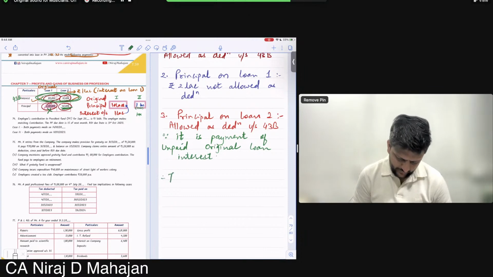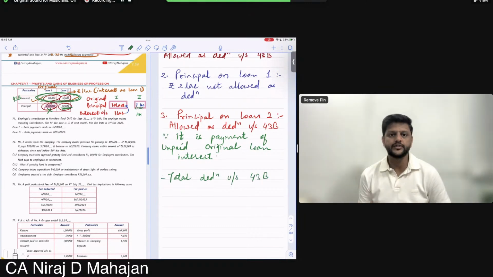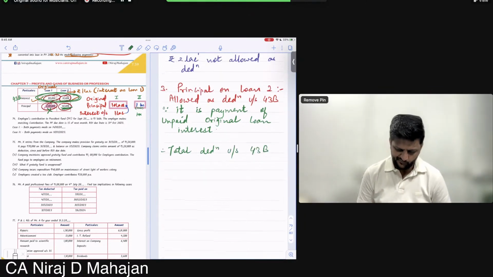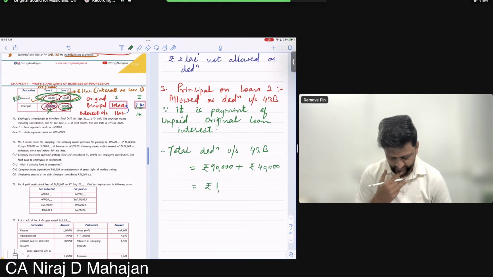Therefore, total deduction under section 43B will be how much, children? Interest 90,000 and the principal paid 40,000. So rupees 1,30,000.